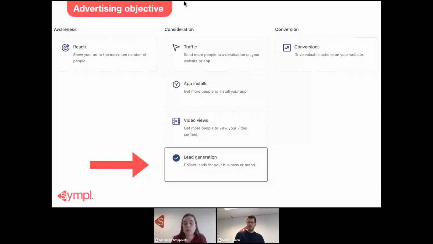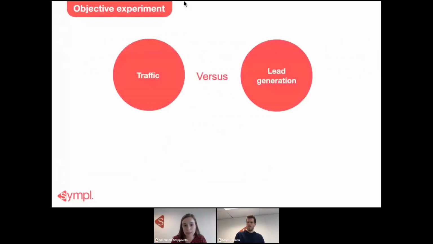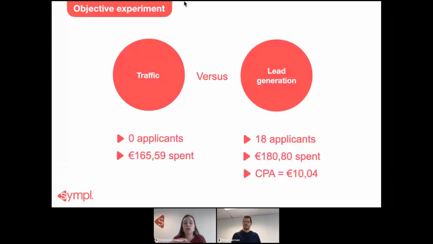And let me just really quickly show you an experiment, how we are convinced that lead generation is working best for us. Here you can see the difference between a campaign which we did with traffic and with lead generation. For traffic, we spent 165 euros and we received 0 applicants.